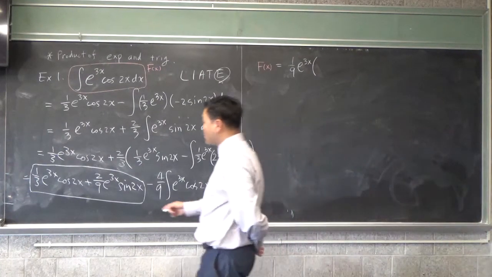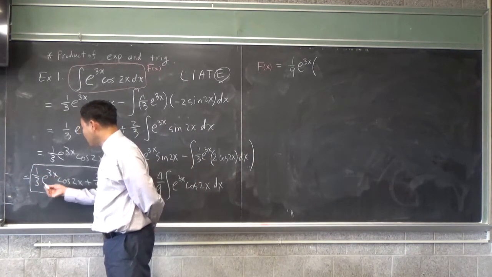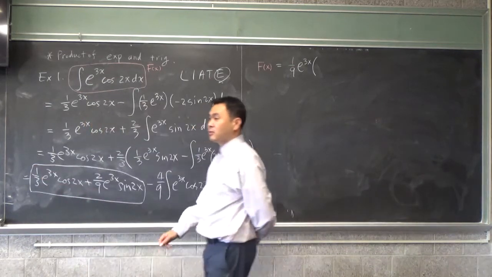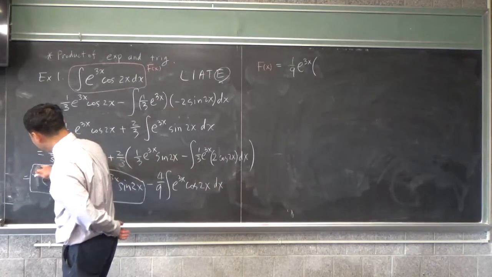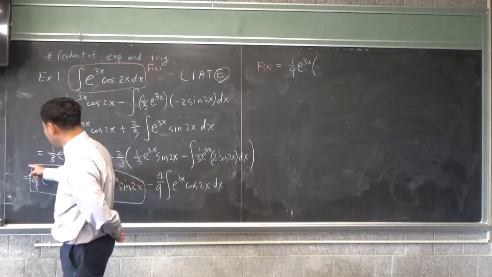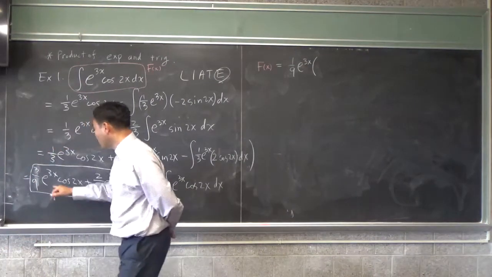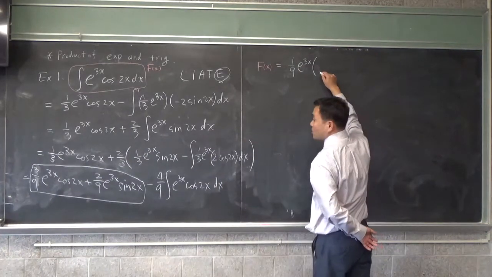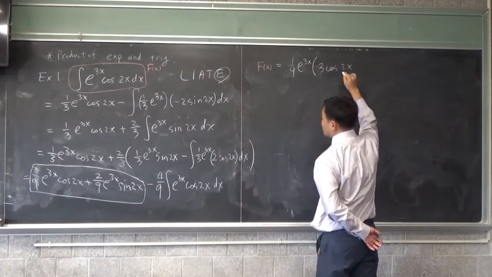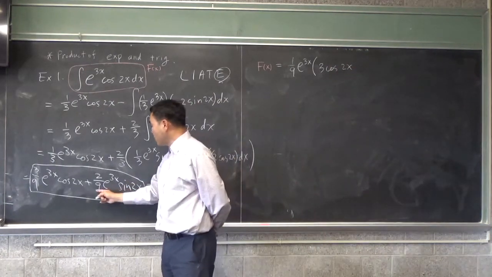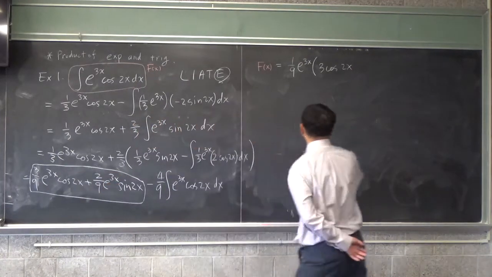So if I factor out 1/9 of e to the 3x, what's left? 3 cosine 2x is left, right? And then over here, if I yank out the 9 and e to the 3x, what's left? 2 sine 2x.